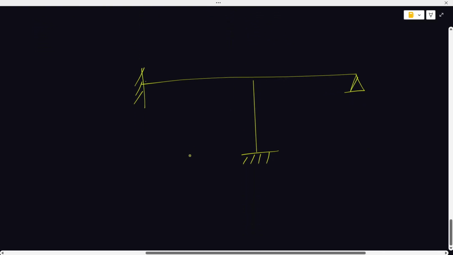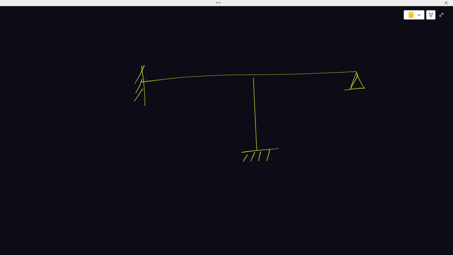Now, let us apply a moment. Let's say clockwise. Fixed. Let's name this A, let's name this B, let's name this C, and let's name this D.